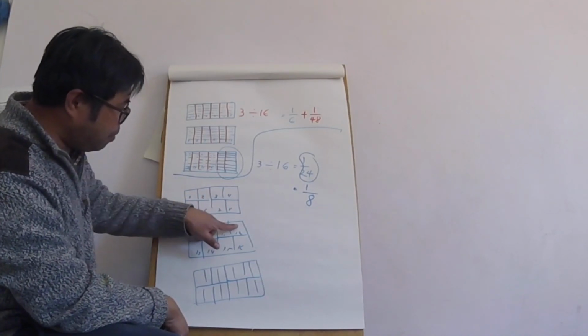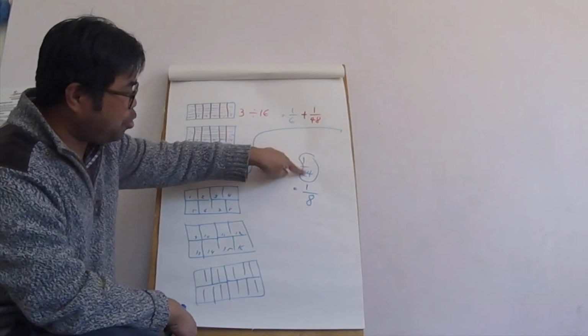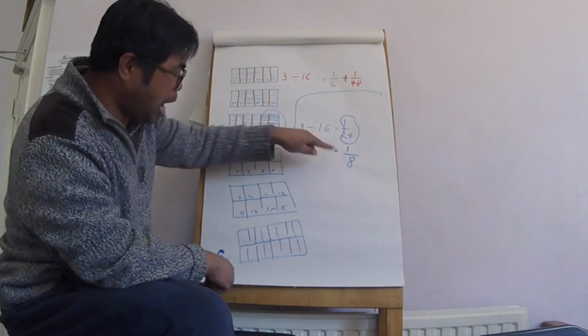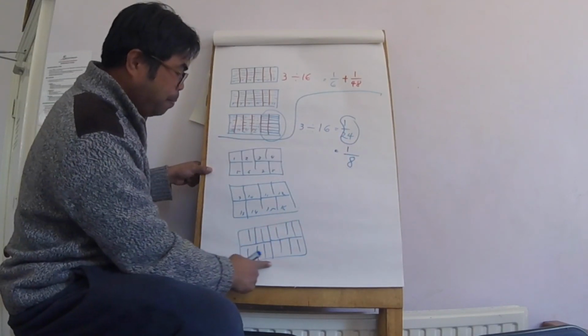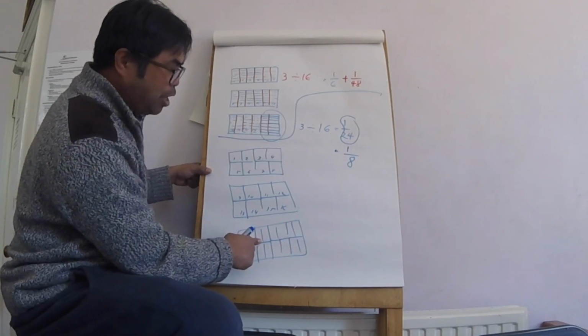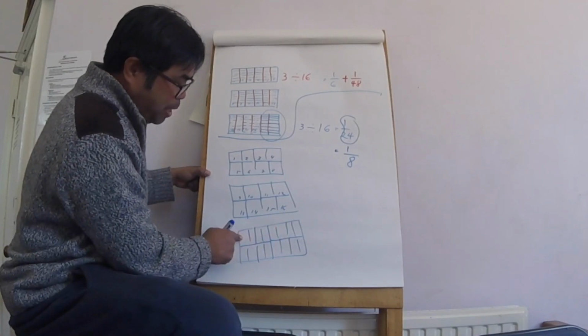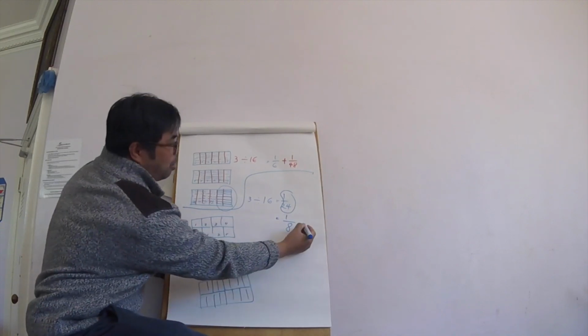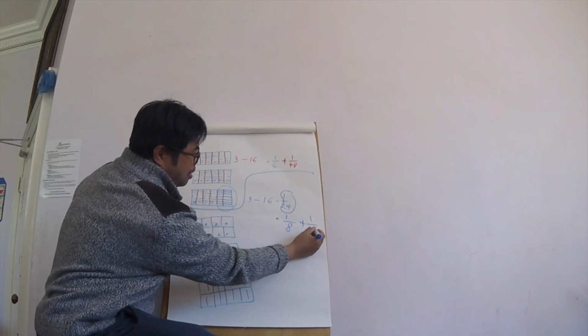This is 1 out of the 8, right? So your first answer should not be 1/24, it's 1/8. Now, in here, there's 8 left, and you cut it in 2, and what do you call each piece? 16. Yes, thank you. So, each one is a 16th.